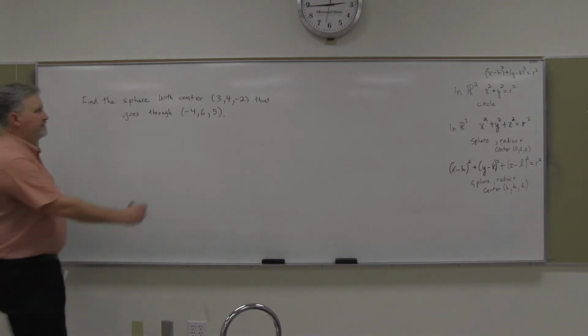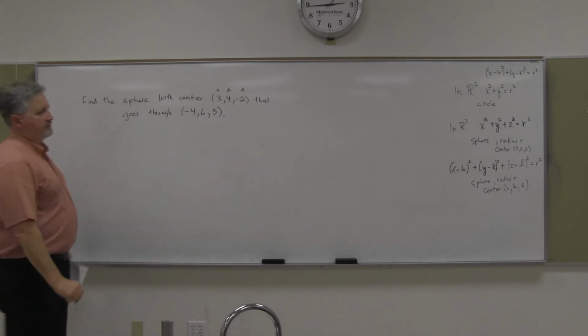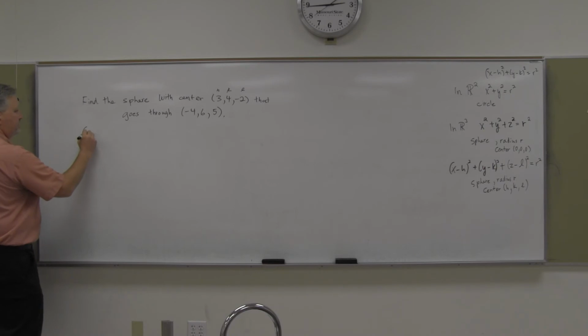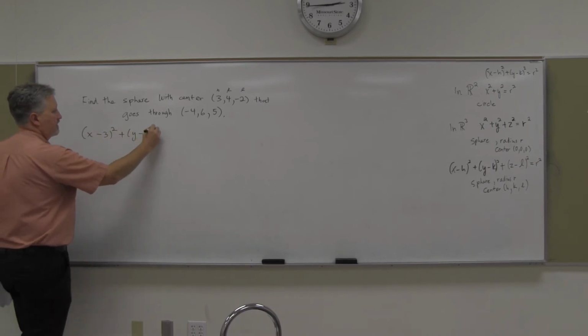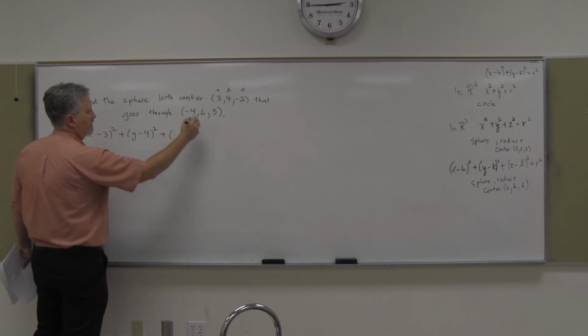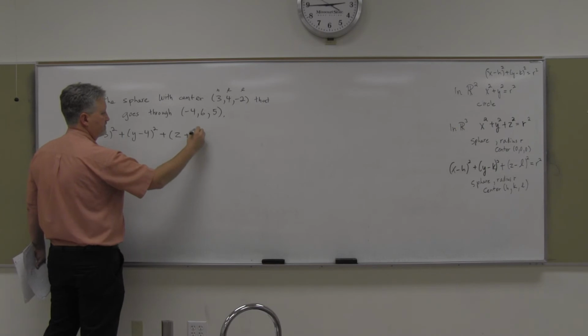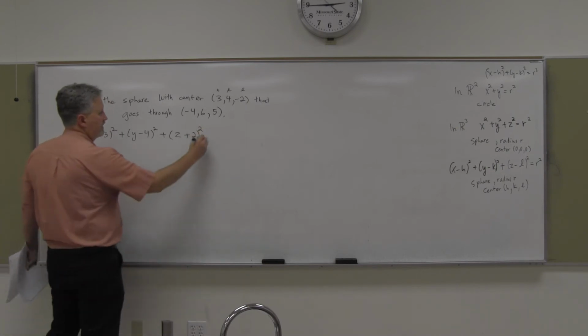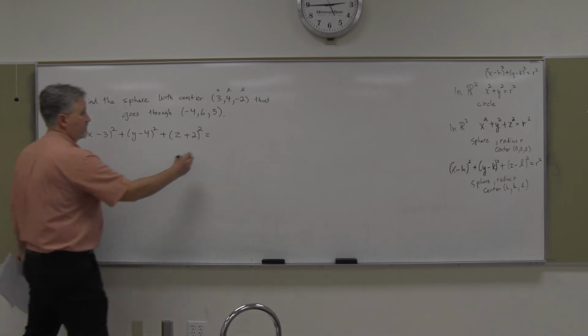Well, of course, this gives me my h, k, and L for that formula. So it'll be (x minus 3) squared plus (y minus 4) squared plus, so L is -2, so it'd be (z plus 2) squared, right? Do the opposite sign. The only thing missing here is I don't have the radius. I just have that it goes through another point.